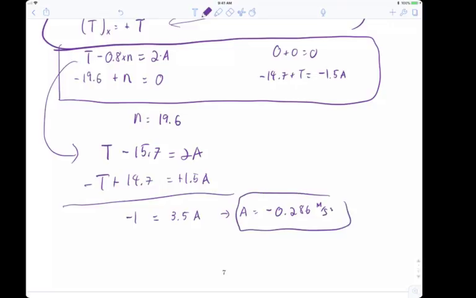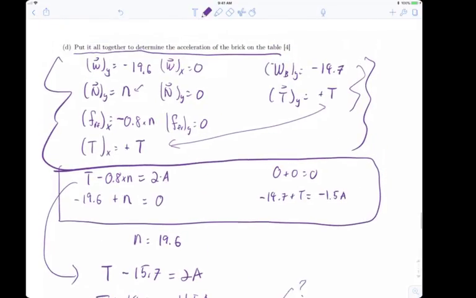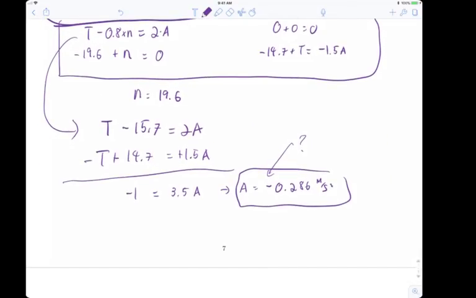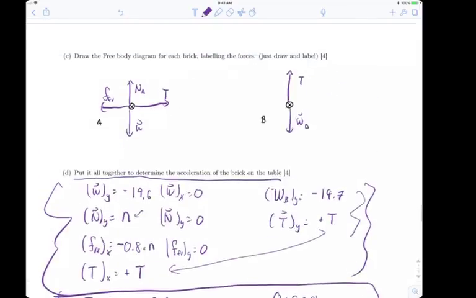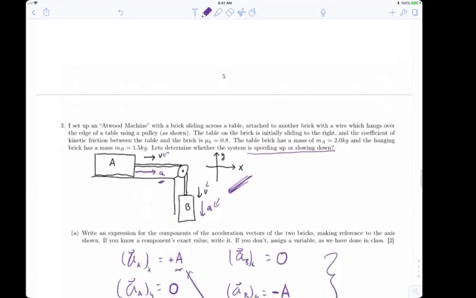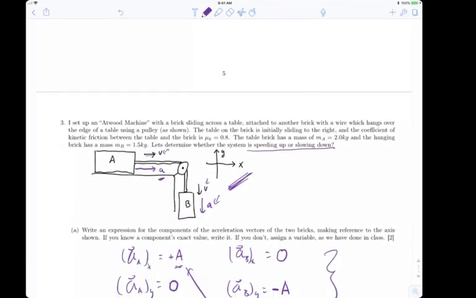Hey, why is it negative? It's negative because the thing is moving to the right, and a negative acceleration means that the acceleration vector actually points in the other direction, so it's slowing down.